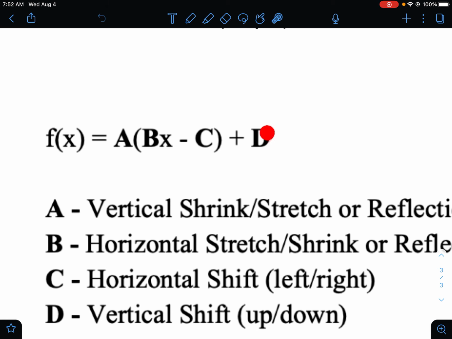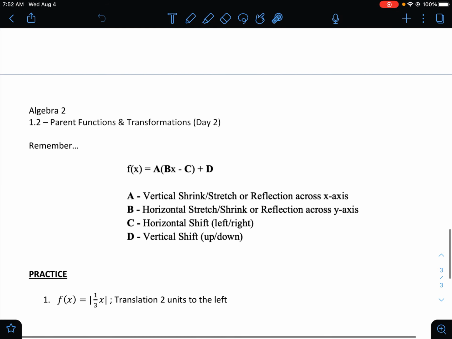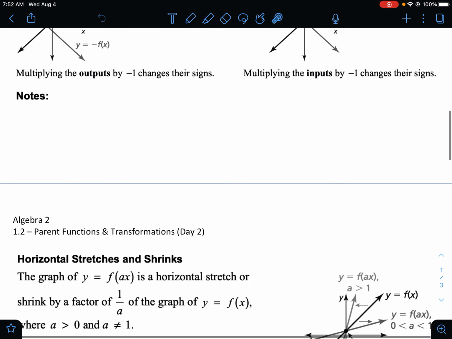Remember that anything on the outside affects graphs vertically, and anything on the inside will affect it horizontally, where C moves it left and right, D moves it up and down. A will either flip it over the x-axis if it's negative, or it could also stretch it and shrink it. I also told you not to worry about B. This is your horizontal stretching and shrinking. We don't really mess with that in this class. So we can skip B.